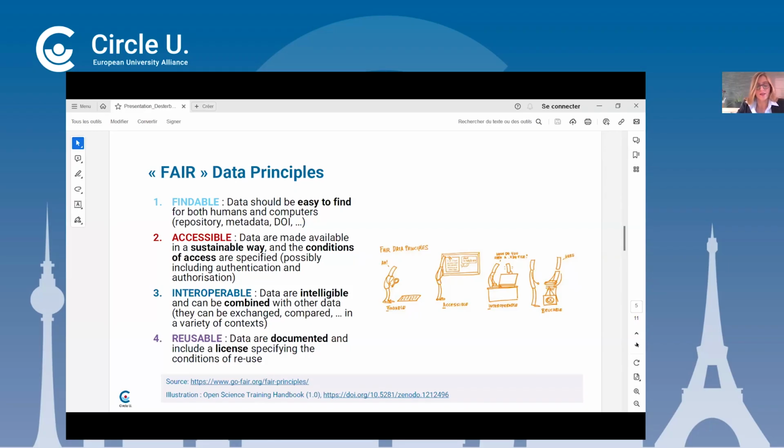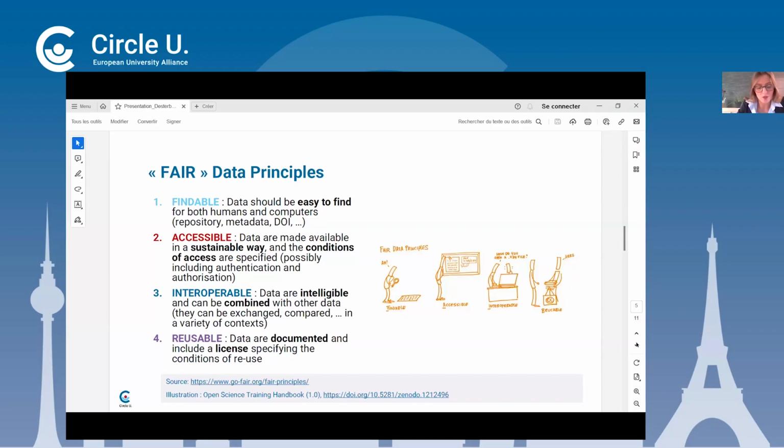Accessible: once the user has found the data, the user must know how to access them, possibly with authentication or authorization if it's restricted access, but they have to be accessible in a sustainable way. Interoperable, because data should be able to be integrated with other datasets, or interoperate with applications or workflows.